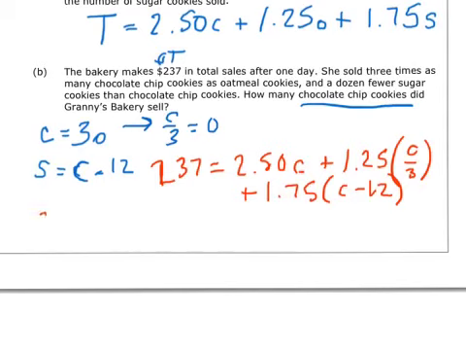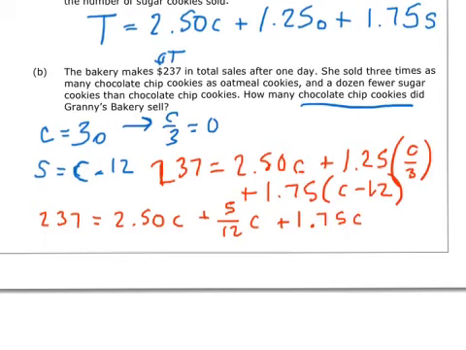So 237 equals 250C, which can stay as it is for now, plus 125 times C divided by 3. Divide that by 3 to simplify it. Let's make that into a fraction, so that's 5 over 12C, plus 1.75C, and then minus 12 times 1.75 is minus 21.